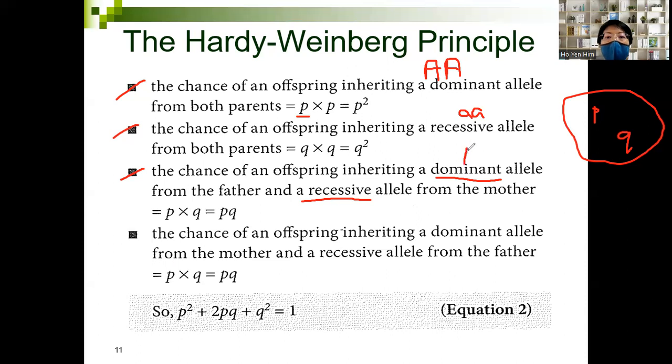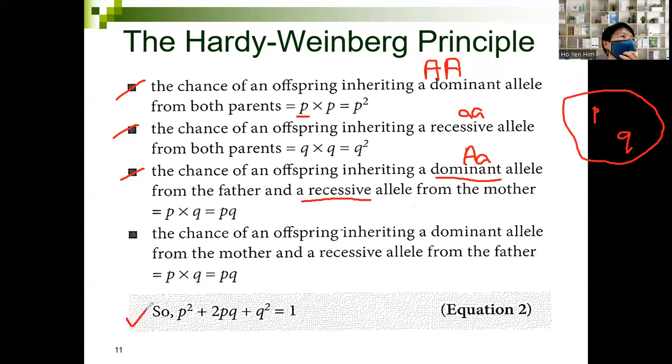What is the chance of homozygous dominant? p squared. What is the chance of homozygous recessive? q squared.